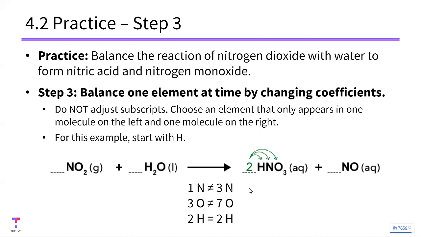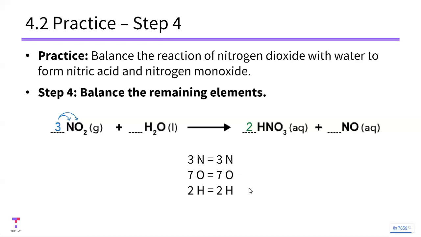So if I triple that reactant and make 3 nitrogen dioxides, it just so happens that in addition to balancing out the nitrogen, it also balances out the oxygen. And what's great about this is that's usually how it happens.